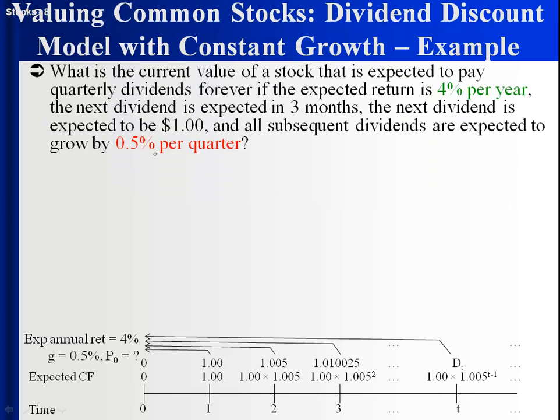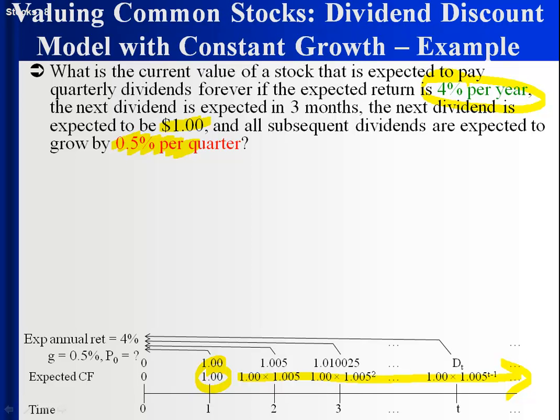So now here's the stock, $1, that's going to grow by 0.5%, but now the expected return is only 4% per year, which is 1% per quarter. So relative to the first stock we looked at, it has the exact same expected cash flows, $1 and then growth by 0.5%, but this one's less risky. It has an expected return of only 4% per year, which is 1% per quarter.